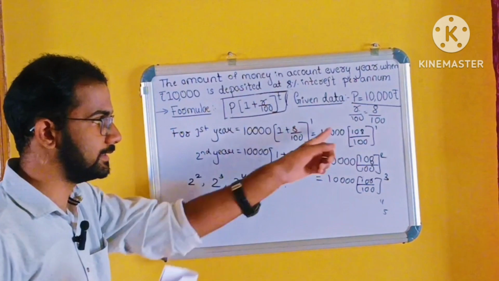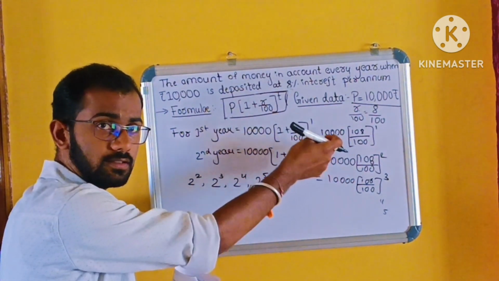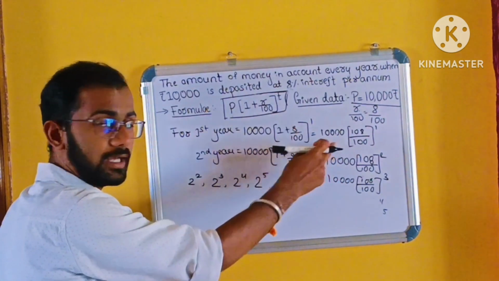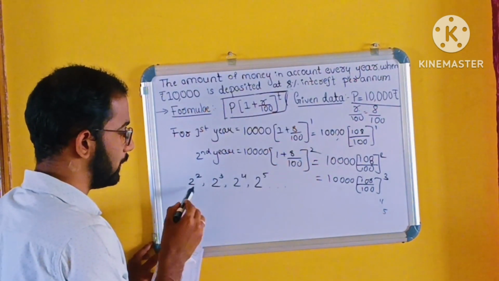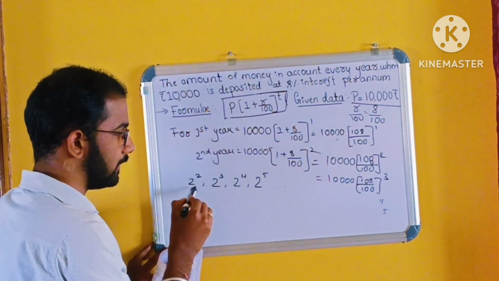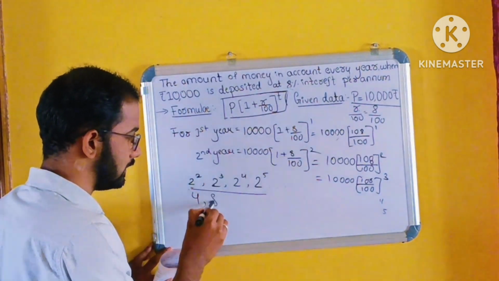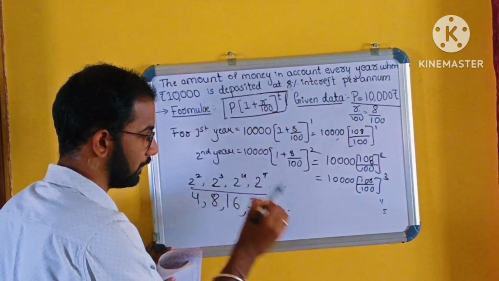With large numbers the time requirement is more because of the calculation. So we understand it in a simple way: after simplification, 2 to the power 2 is 4, this is 8, this is 16, this is 32.